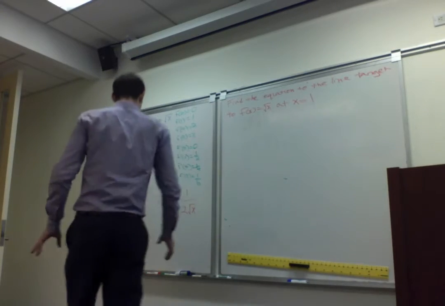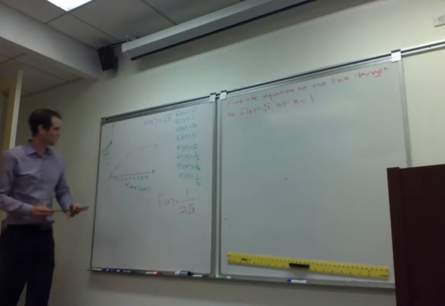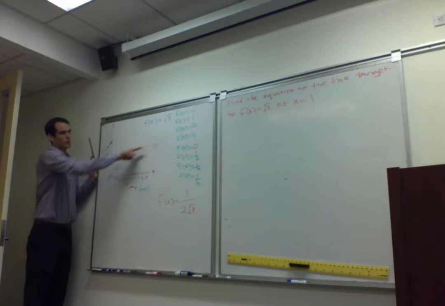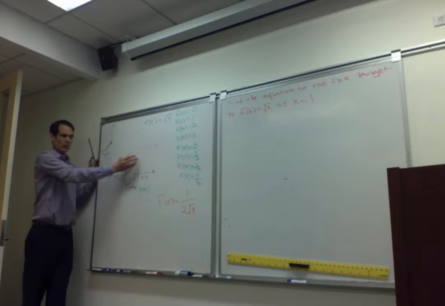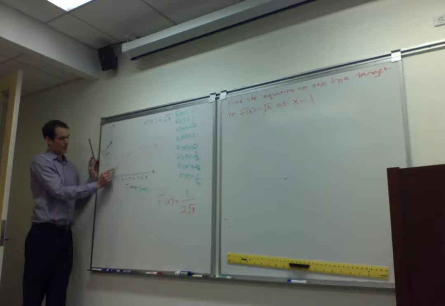So, we are looking at f of x equals the square root of x. This is the equation we're working with. We want to know, at the point x equals 1, what is the slope of the line tangent?